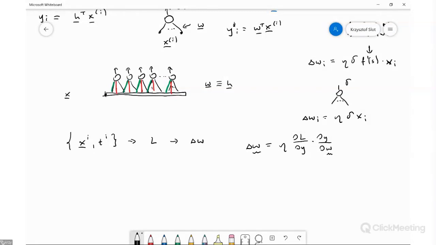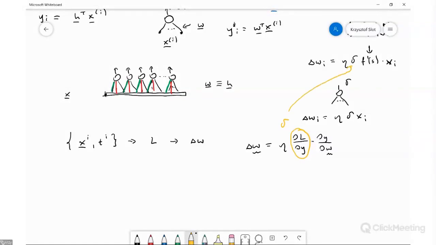That was a general formula for a delta rule in this complex structure, and this was just this propagated error.